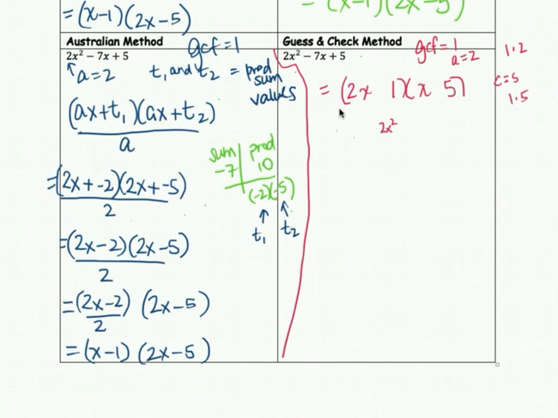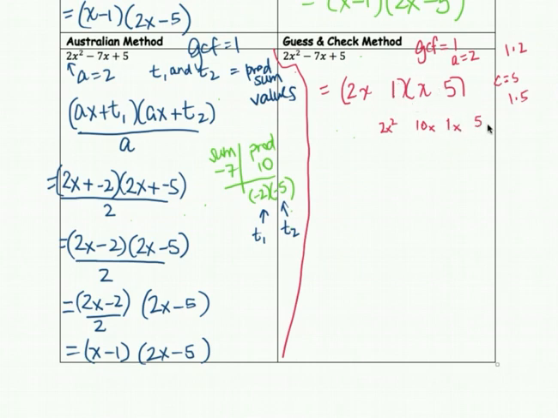So right now I'm going to quickly do FOIL. The first one, 2x times x is 2x squared. 2x times the outer, so 2x times 5 is 10. I'm not going to write the signs in right now, but I'm going to write 10x. And then 1 times x is 1x. And then the last one is 5.